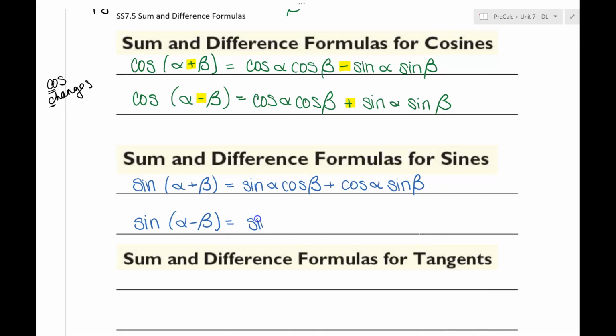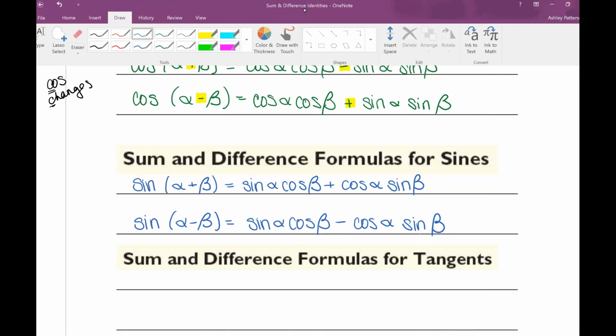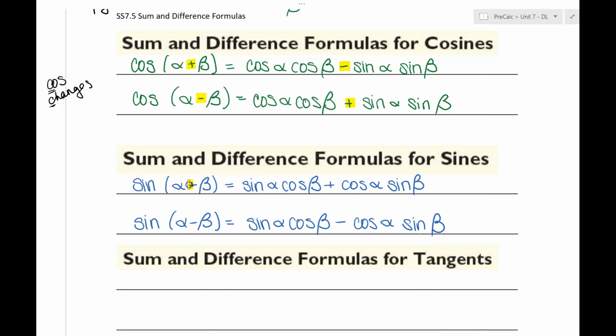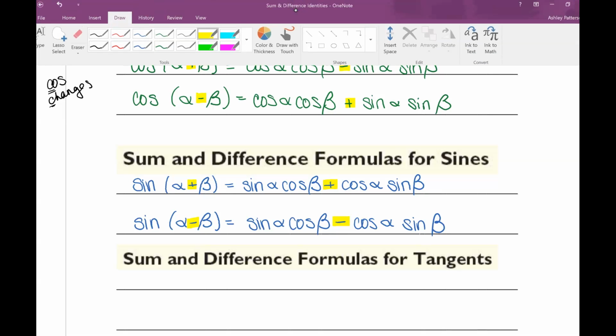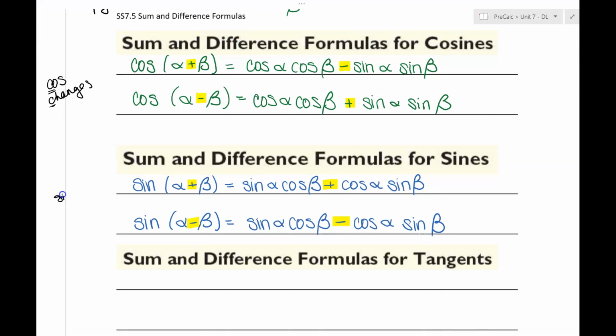And that's going to be the sine of alpha, so the first angle, times the cosine of the second, minus the cosine of the first angle times the sine of the second. Okay, so cosine changes, sine stays the same. Sine, same. Just little tricks to remember what the operations are as we go from one to the next.